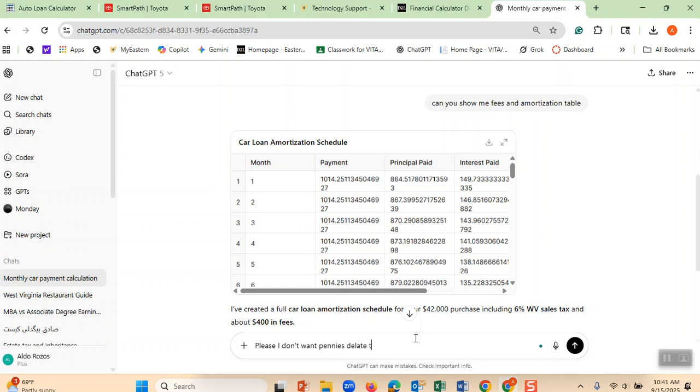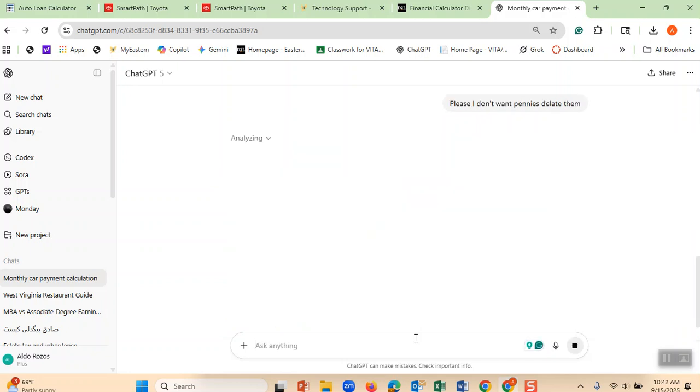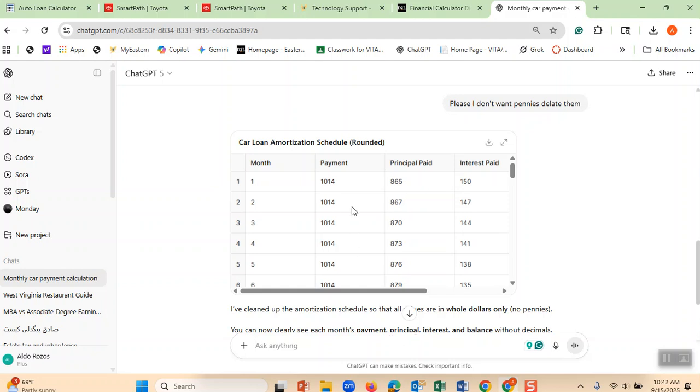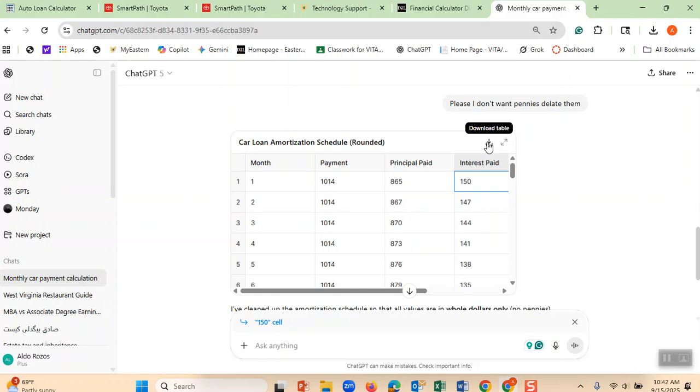Let's see if it understood what I said, because those small numbers are crazy and make it confusing. And here you go. Look at here. The first payment, which was $1,014, $865 goes for principal, $150 goes for interest, and I can download it.